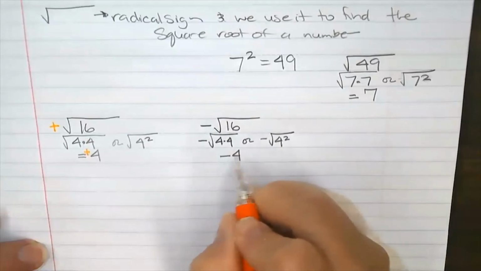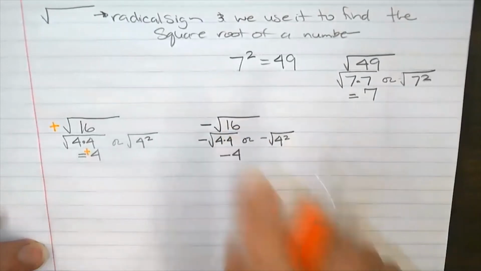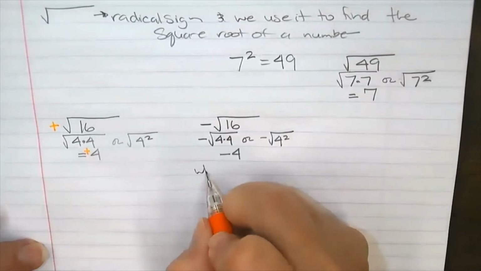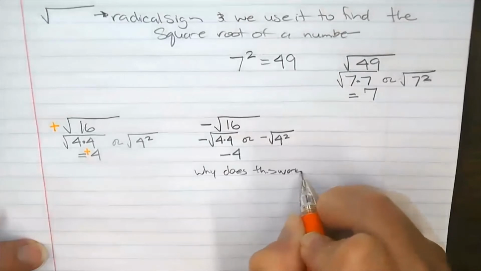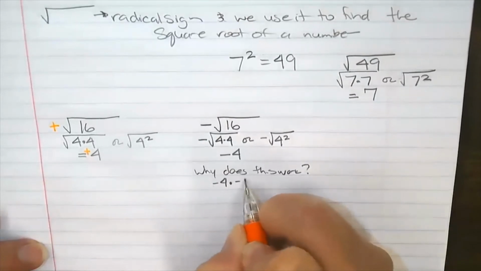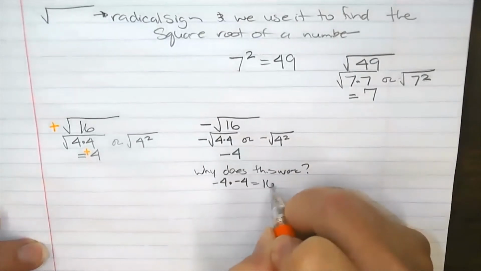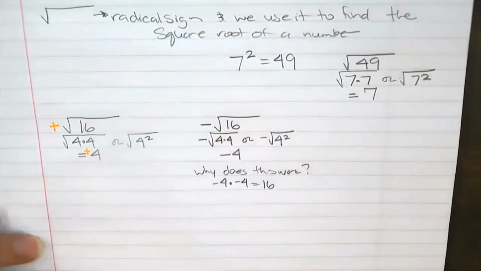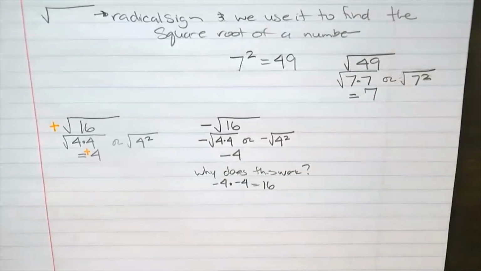How is negative 4 the square root of 16? Well, what's negative 4 times negative 4? A negative and a negative is positive, and 4 times 4 is 16. So you still get positive 16 when you've got 2 negatives.